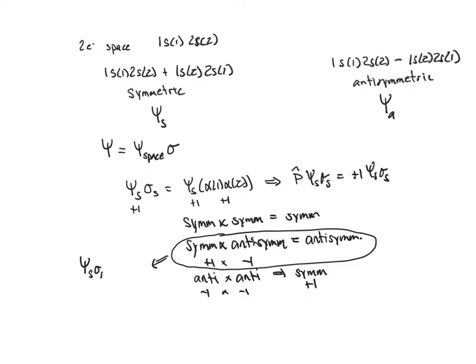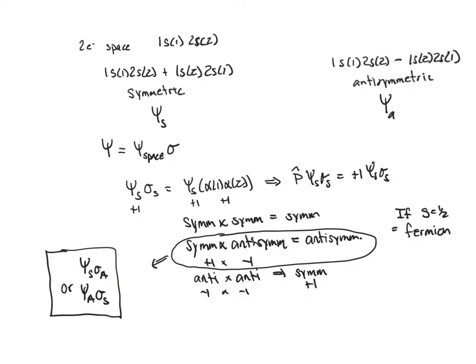And it turns out that any particle with a half integer value of spin quantum number is called a fermion, and they have to be described by anti-symmetric wave functions.